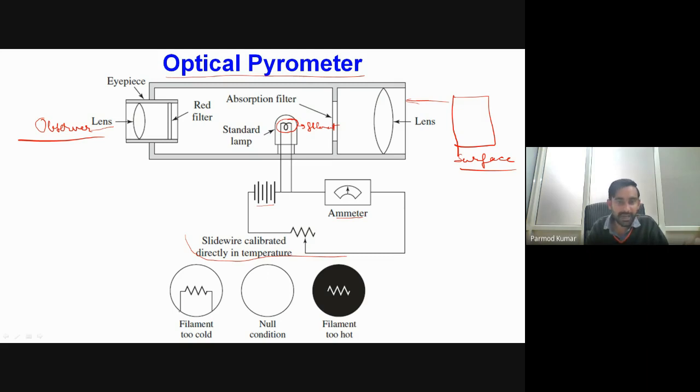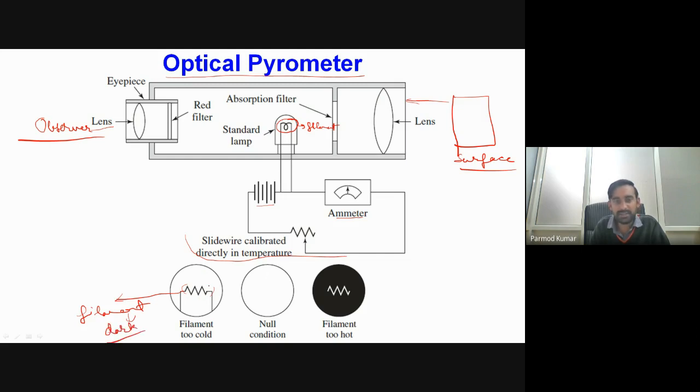In one situation, our filament will be clearly visible. This filament over here is connected to the circuit. In this first photograph you can see our filament has a dark appearance.